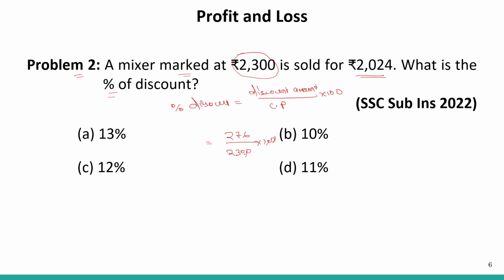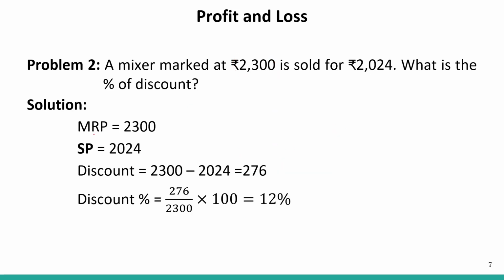Cancelling the zeros in the numerator and denominator, we are left with 276 by 23, so 230 plus 46. It will be approximately 12%. So the MRP is 2300 and the selling price is 2024, so the discount is 276. The discount percentage equals 276 by 2300.